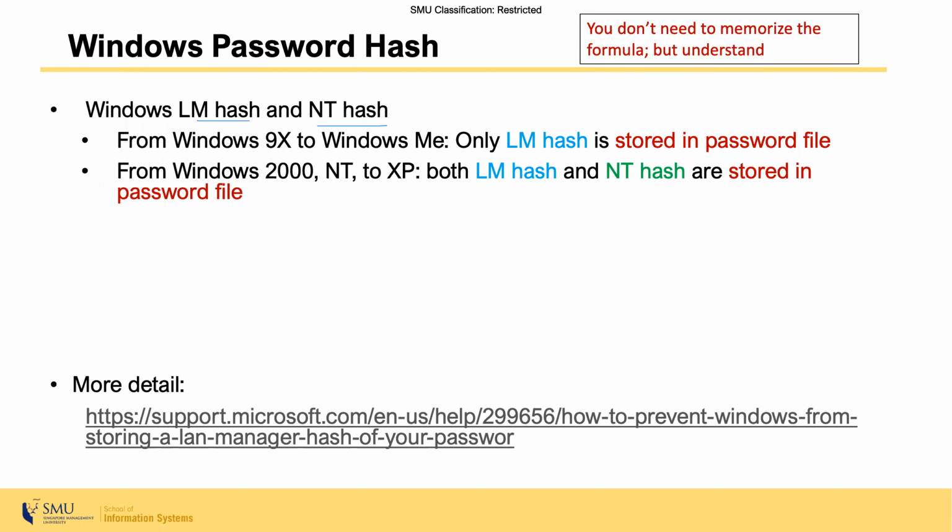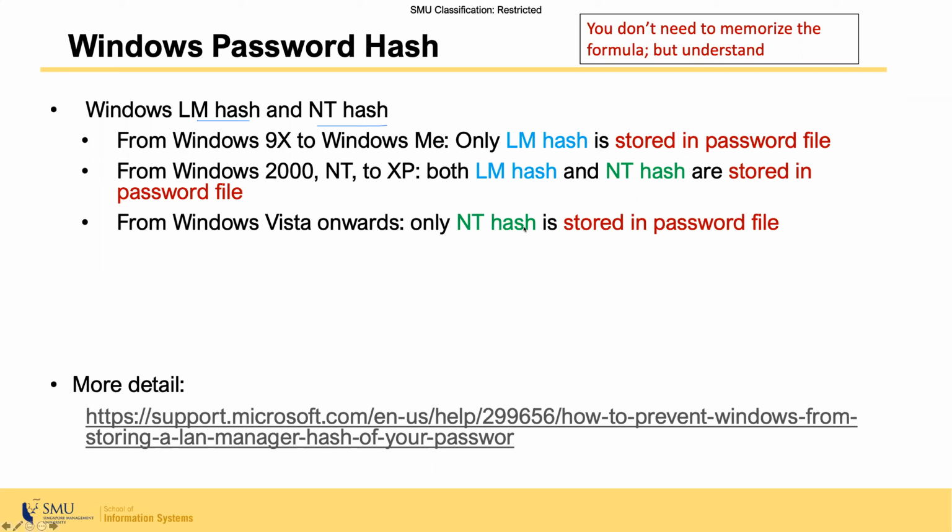From Windows 2000 to Windows XP, both versions were used, LM hash and the new version, NT hash, because of backward compatibility, to make sure that your Windows operating system is compatible with earlier versions of Windows. But from Windows Vista onwards, only the new method, NT hash, has been used. If you want to know more details, you can look at this website. But now let us look at how LM hash and NT hash are computed.